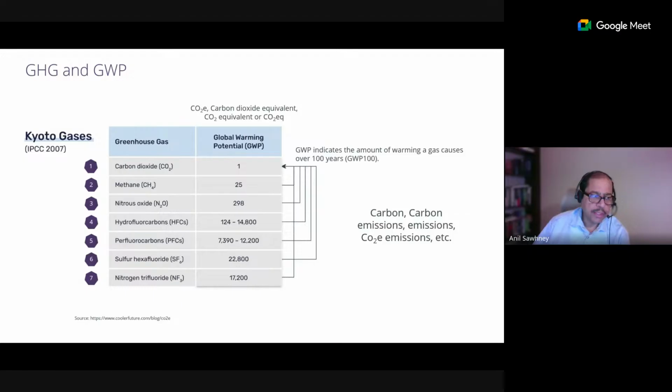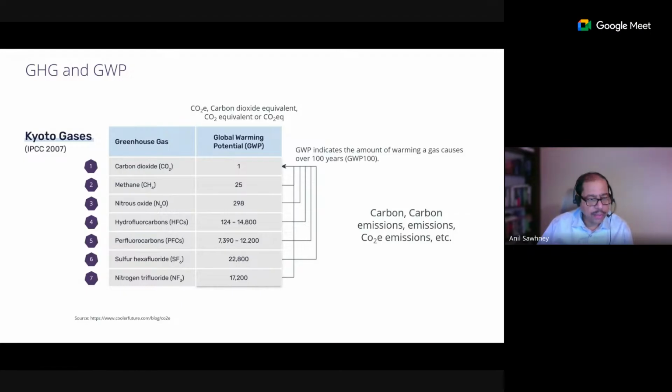So basically, if you release nitrous oxide, it's going to be equivalent to 298 carbon dioxide equivalent. So basically, what we want to do is always calculate GWP in terms of carbon dioxide equivalent. So global warming potential indicates the amount of warming a gas causes over 100 years. So typically it's GWP 100.